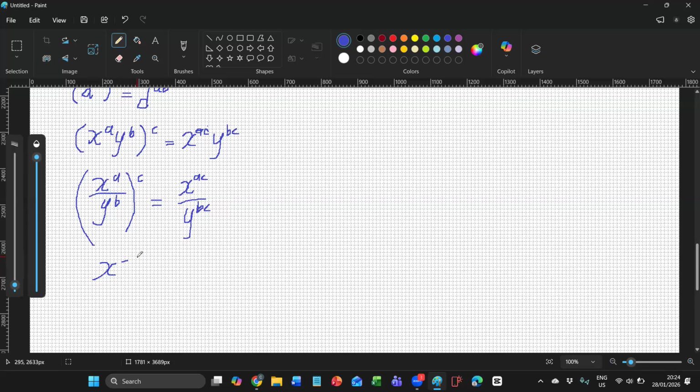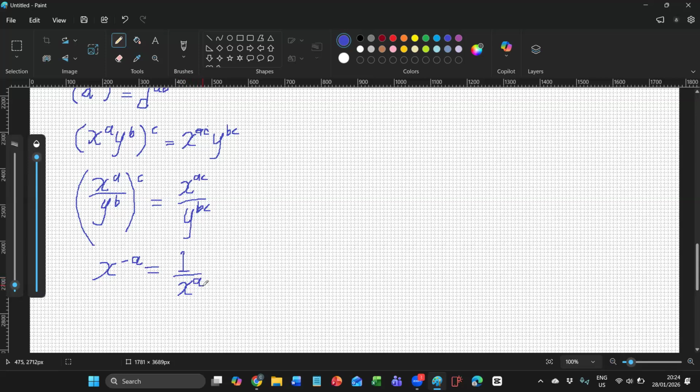x raised to the power of minus a. When you have a negative power, what does it connote? Or what is it going to be equal to? Well, it's quite simple because it will lead you to this: 1 over x raised to the power of a.